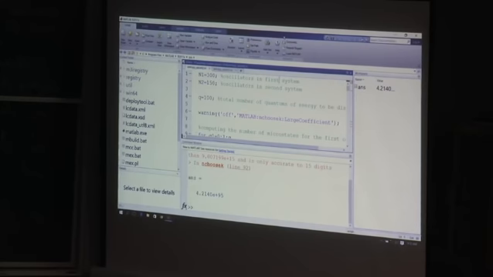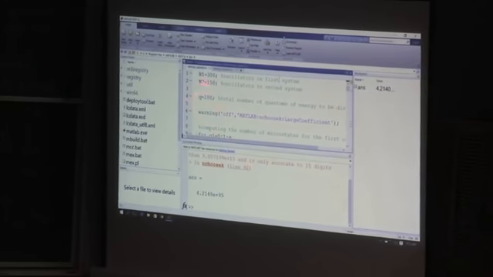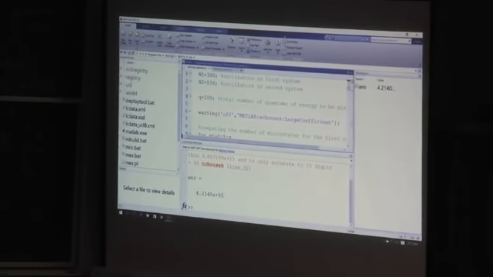I have defined N1 is 300 oscillators in the first system. I have 100 atoms, so 300 oscillators. I have N2 is 150, which is 50 atoms, 150 oscillators in the second nanoparticle. And then I have 100 quantums. This is my given.